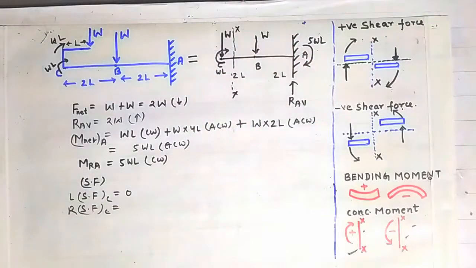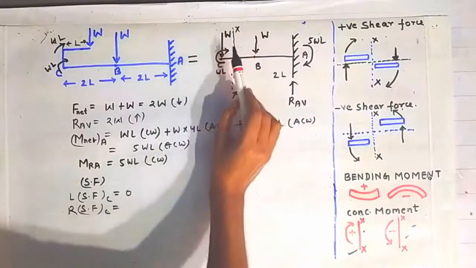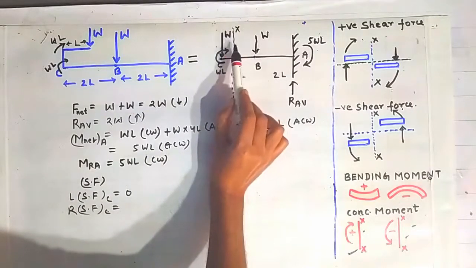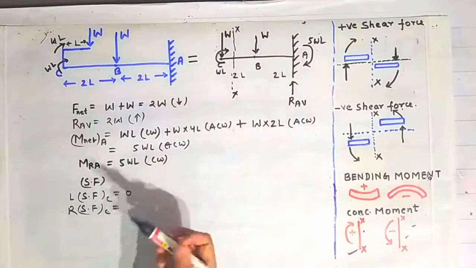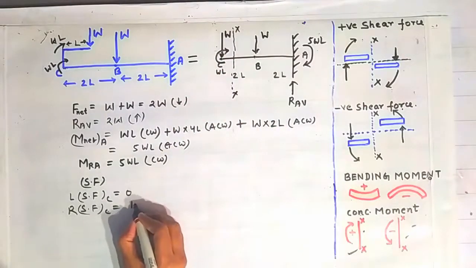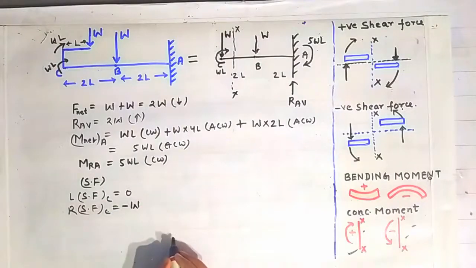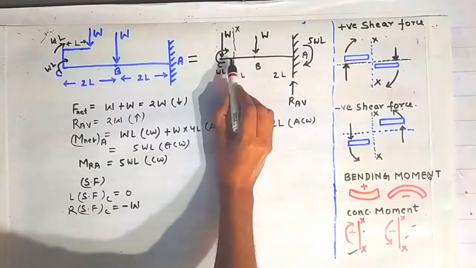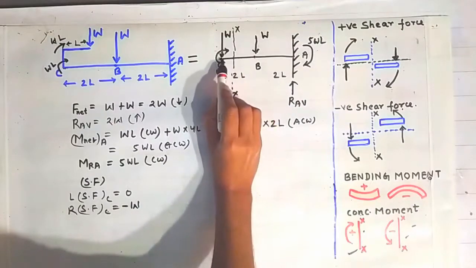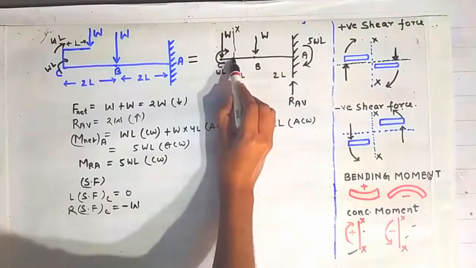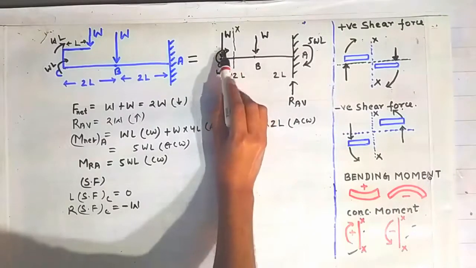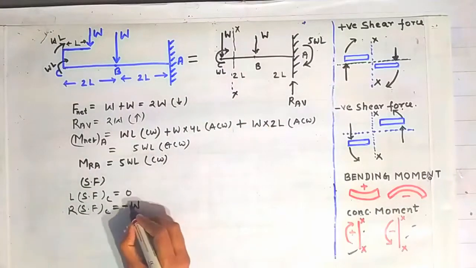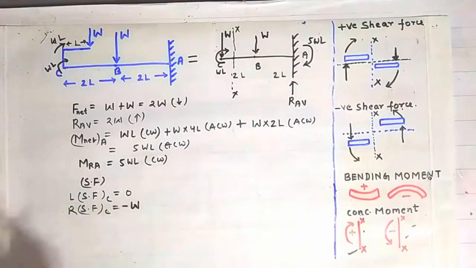Now if you look on the left side of this section, there is only one force accounting for the shear force, which is the load W, and because of this load W there will be a shear force of magnitude W with a negative sign, because this force W is creating an anti-clockwise rotation of this beam element lying between the point C and the section XX. So that's why it is treated as negative, anti-clockwise rotation.